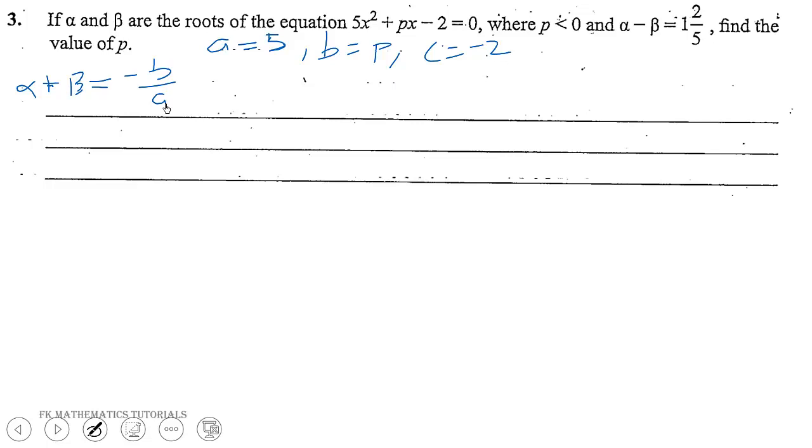So alpha plus beta will be equal to minus b, which is negative p, over 5, and alpha beta will be equal to c over a, so alpha beta will be negative 2 over 5.